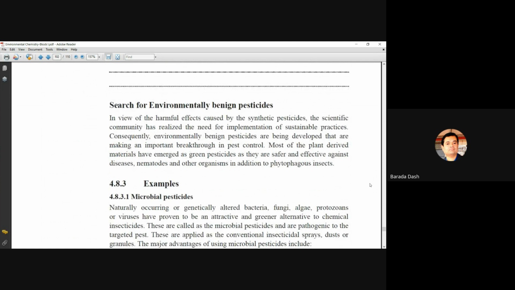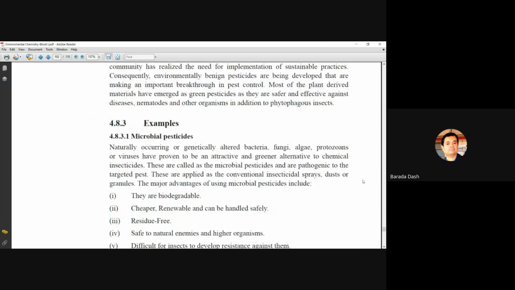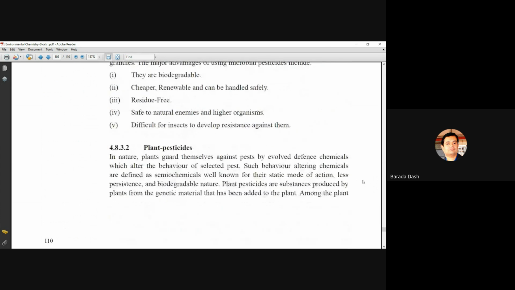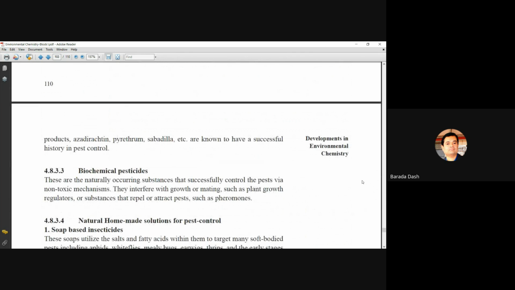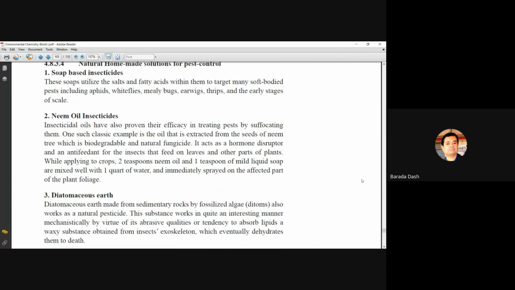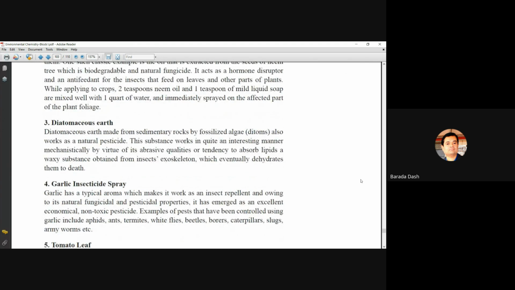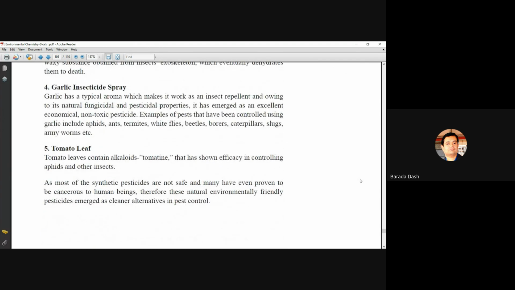So next, environmentally benign pesticide. What is an environmentally benign pesticide? Pesticides which can be easily biodegraded and are less harmful to humans are called environmentally benign pesticides. Examples: microbial pesticides, plant pesticides, biochemical pesticides, soap-based insecticides, neem oil insecticides, diatomaceous earth, garlic insecticide spray, tomato leaf.